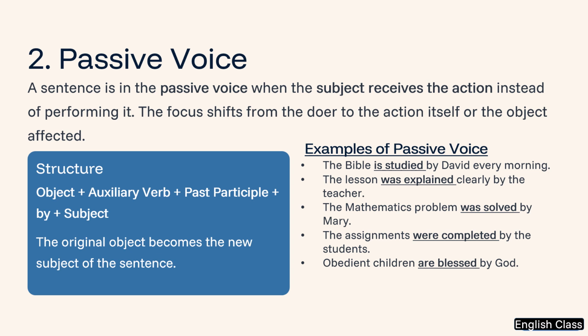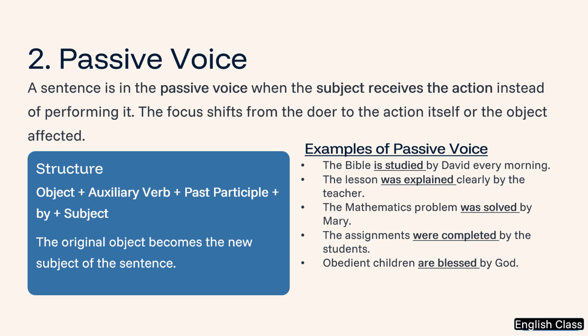The mathematics problem, which was the object in the active voice, now becomes the subject. So the mathematics problem, plus was, which is the auxiliary, plus the past participle of solve, now becomes solved, and then we have by, plus Mary, which is the subject. Now the assignments were completed by the students, the same format: the object plus auxiliary verb were, plus past participle completed, plus by, plus the students, which is the subject.